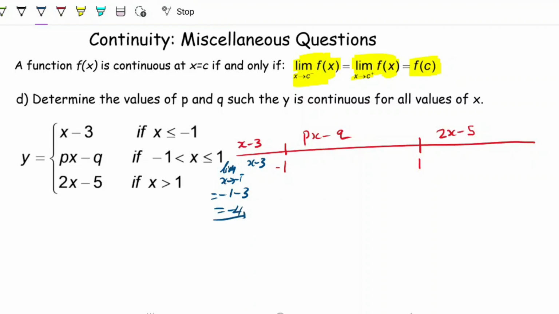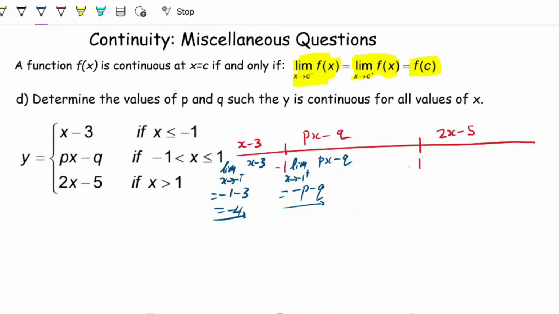So that is the limit from the left at -1. Now if we approach -1 from the right, we'll have the limit as x tends to -1 from the right. We now meet this function, which is px minus q, and if we substitute -1 there, we end up with minus p minus q. So that is the solution that we get there.